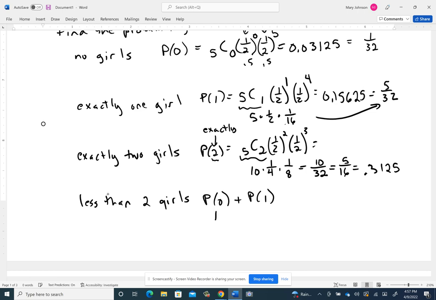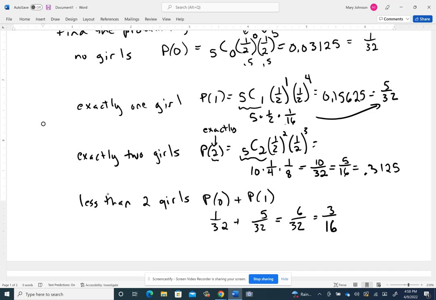So you would come in and you would take the probability of getting no girls and add to that the probability of getting 1. Okay, and using the formula. If you hadn't been asked that earlier, you would have had to do the formula for both, and you'd get 6/32, which when you reduce it would be 3 over 16. Okay.